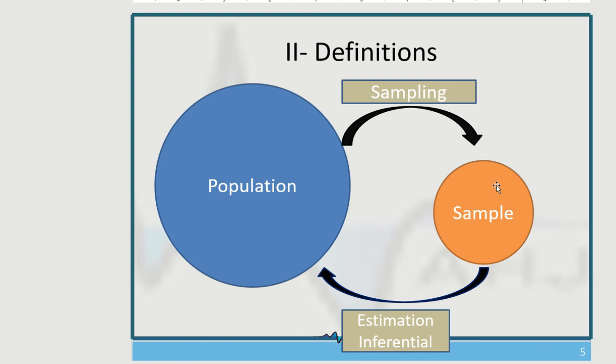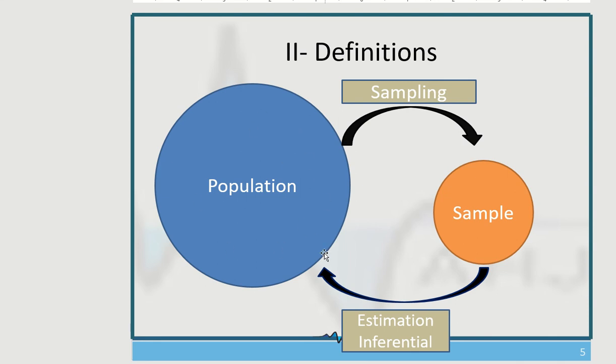Once you have the sample, you collect information on it, and using the statistical tools that we will cover in this course, you can go back with an estimation and an inference. Remember, I said statistics has two major arms, estimation and inferential. Using the sample, you will estimate the values in the population, and using statistics, you will infer a conclusion about a question asked about the population.